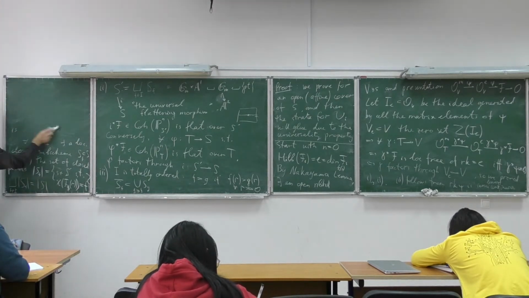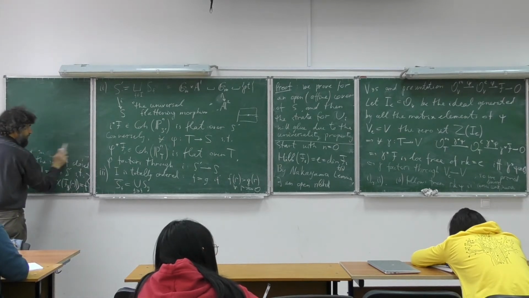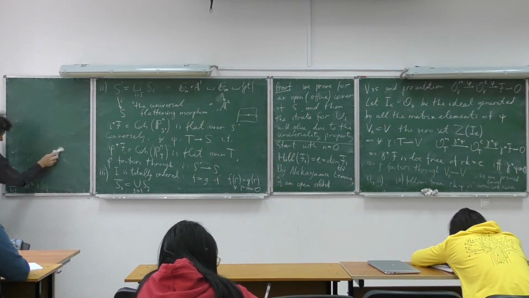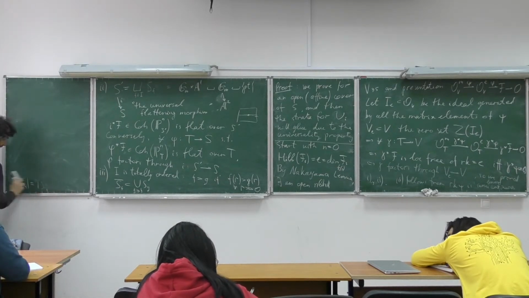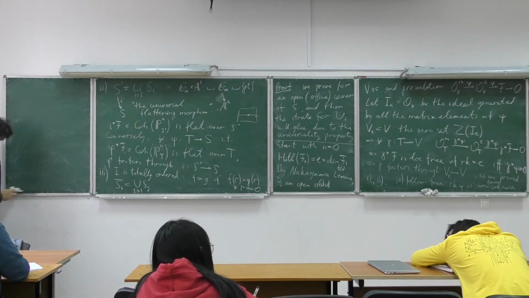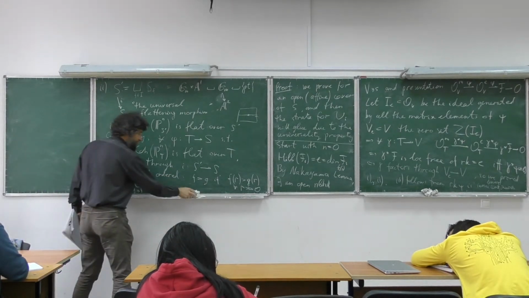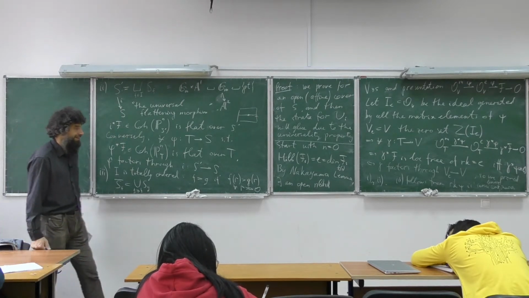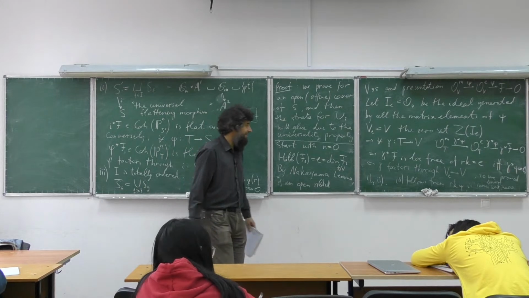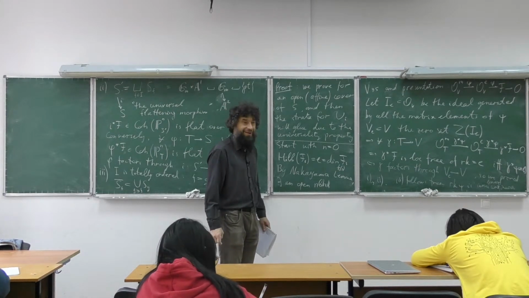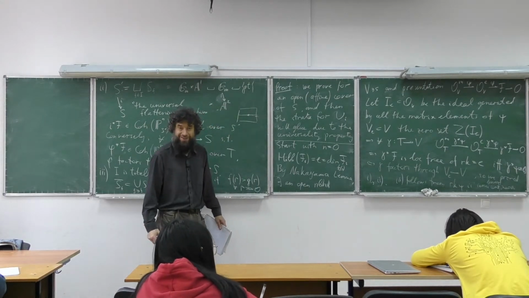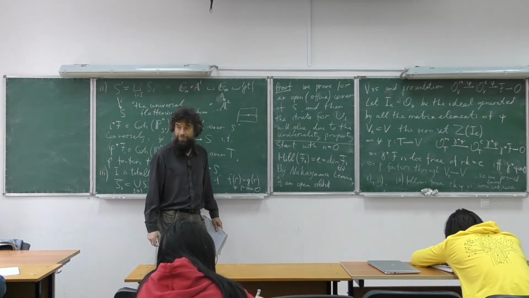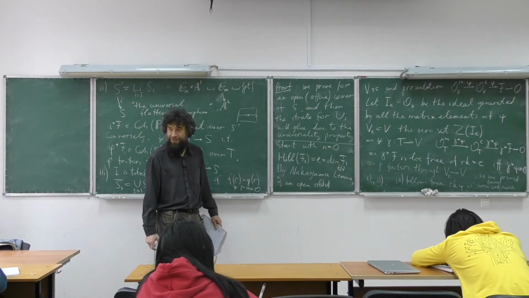Why is the rank lower semi-continuous? I think we also proved this some long time ago, but just because the matrices of rank at most E form a closed algebraic subvariety given by equations that all the minors of size E plus 1 vanish.